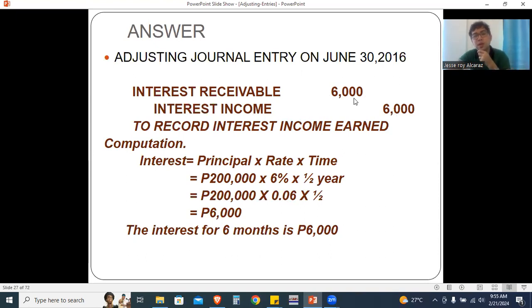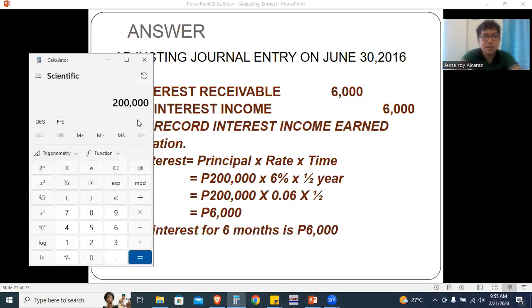Now, the question is, why is it 6,000 pesos? Take note that the principal amount of our note is 200,000 pesos. Multiplied by 6%, which is interest, it should be 200,000 times 0.06. That is 12,000. Pero sir, ganong 6,000 lang man? Because the duration na naglapse in relation to our receivable is only 6 months.